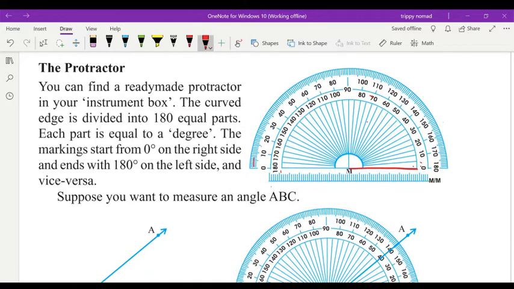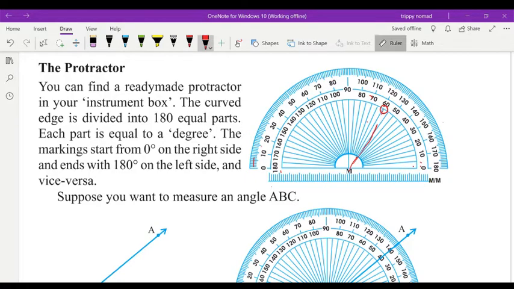If we have to draw 60 degree, we will mark this line and join this point with the help of the scale to this. With the help of the scale you will draw like that. So you will get 60 degree. Whatever angle you want to draw, you can draw with the help of the scale.